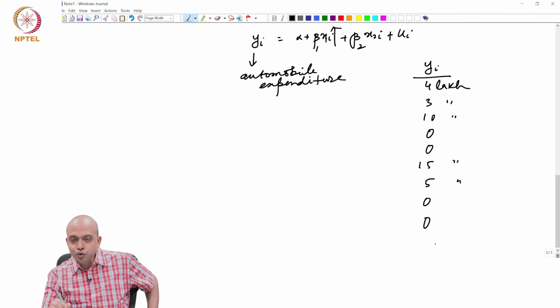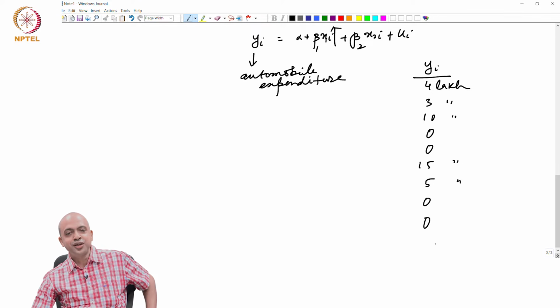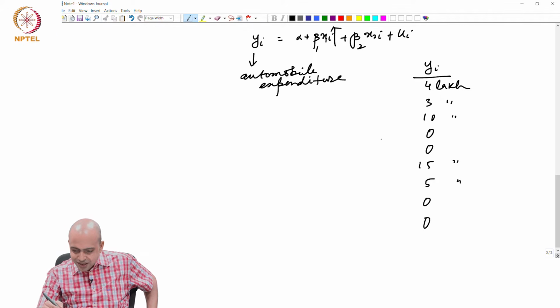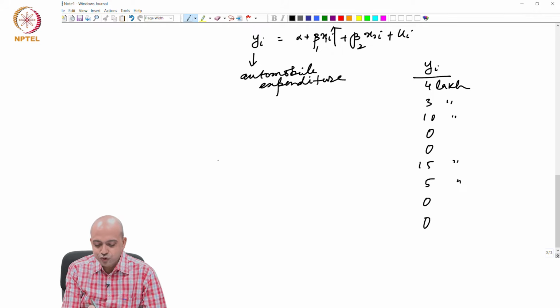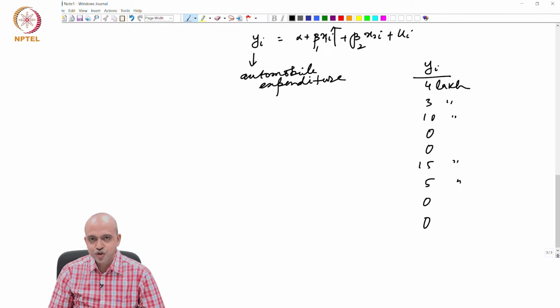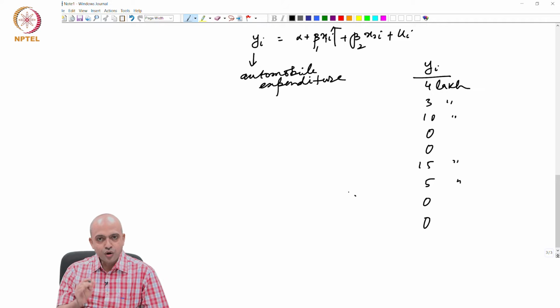Are you going to delete those observations with 0 automobile expenditure? If you delete them, then your estimate is going to be biased. So this is a typical case of censoring. That means our sample would be a censored sample.